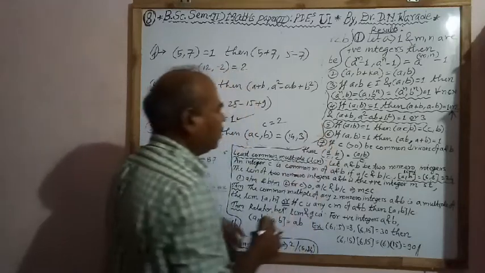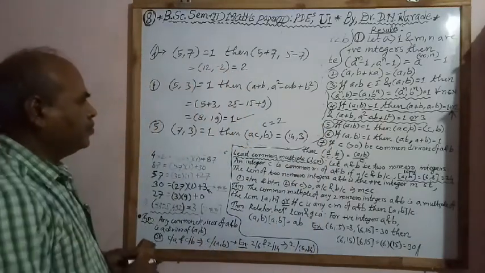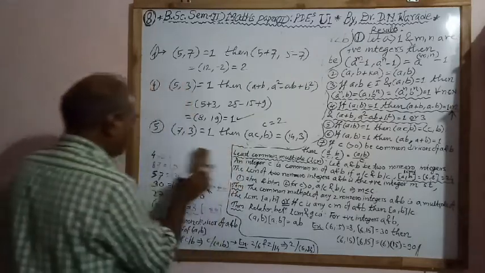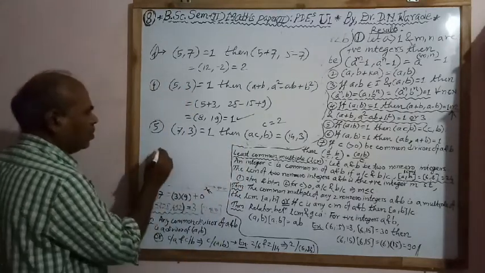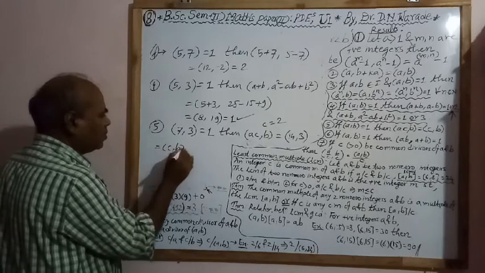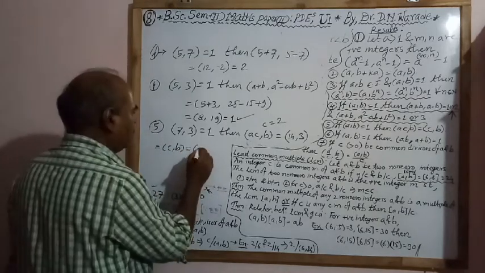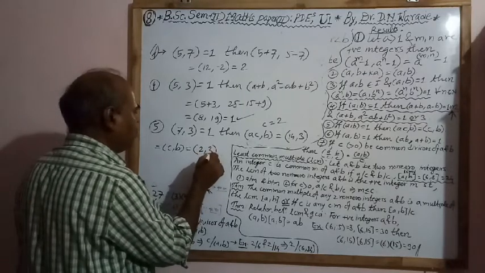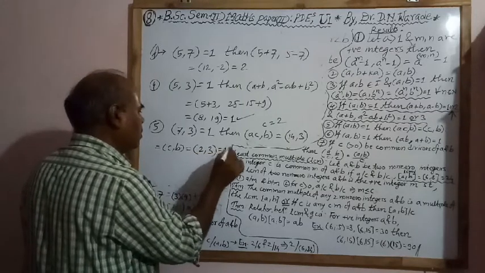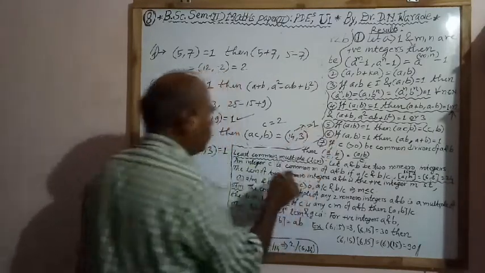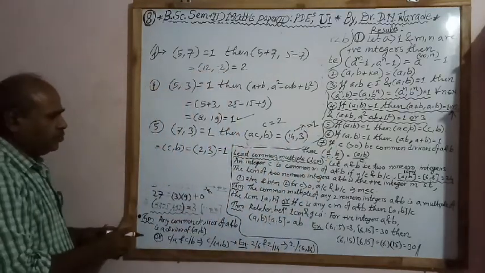GCD of 14, 3 is equal to GCD of C, B, that is GCD of 2 and 3. What is GCD of 2 and 3? 1. And GCD of this is also 1. Therefore the result is verified like this.